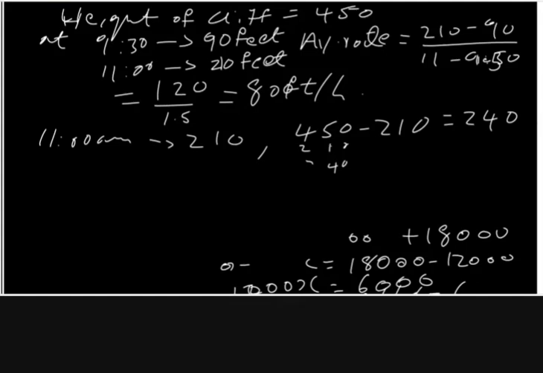So 240 is the height that is remaining. Since he's climbing at 80 feet per hour, the time it will take to climb the remaining 240 feet will be equal to 240 divided by 80, which is 3 hours.